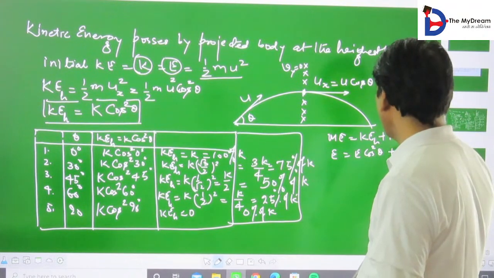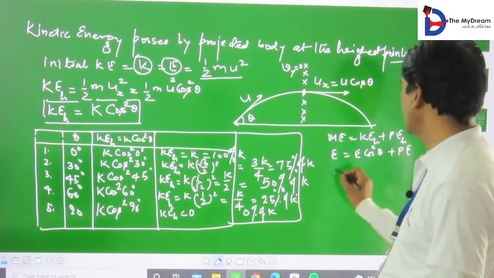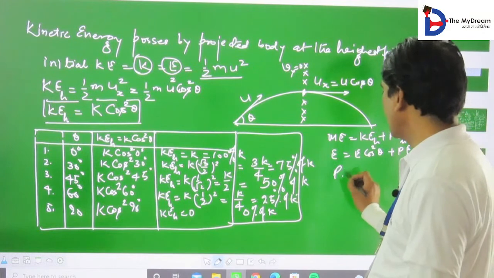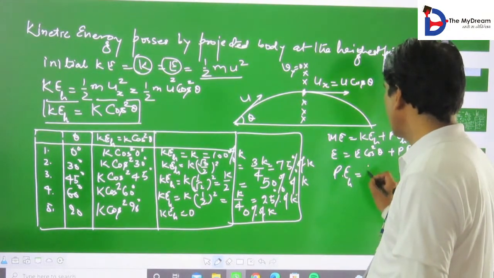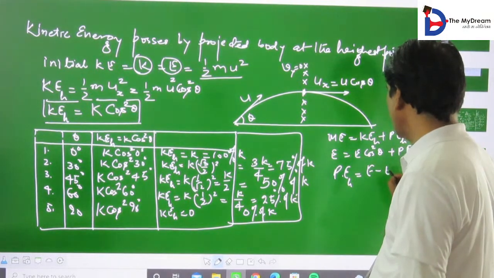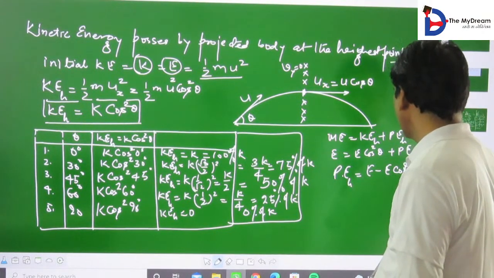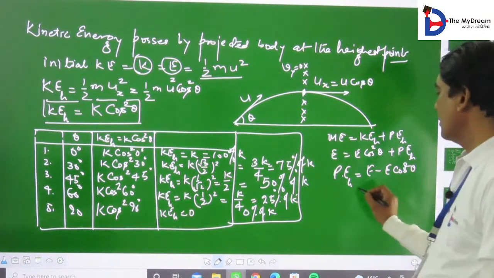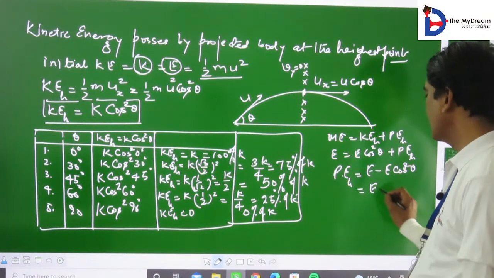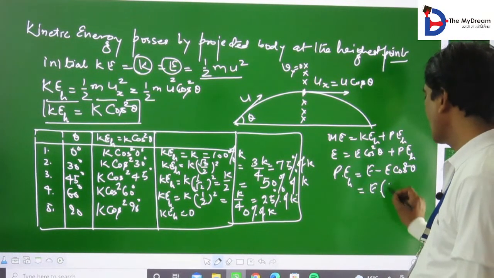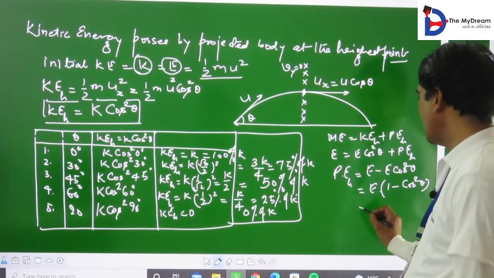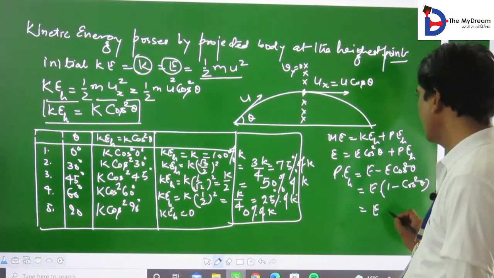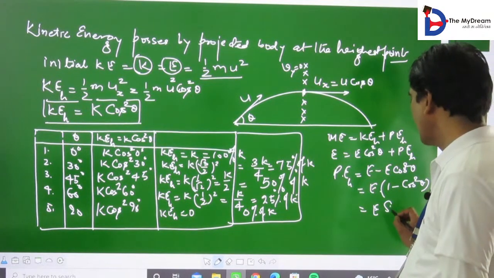We are talking about the highest point. Then potential energy at the highest point is given by E minus E cos square theta, which is E times 1 minus cos square theta. Then you will get E sin square theta.